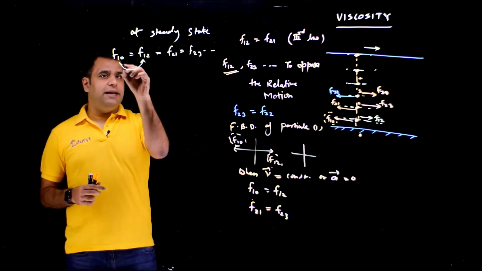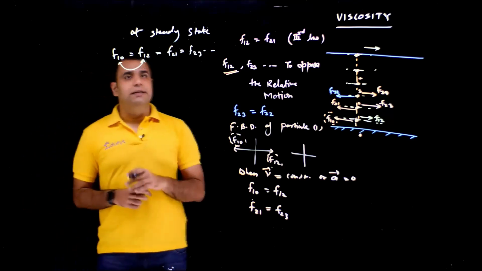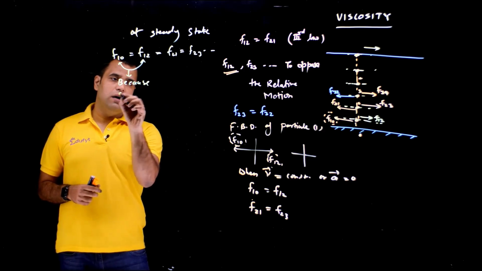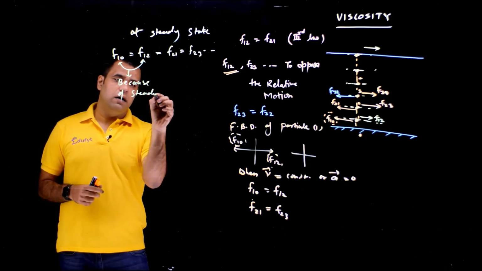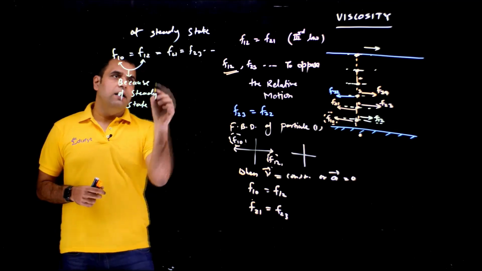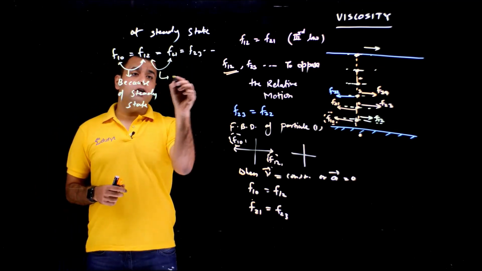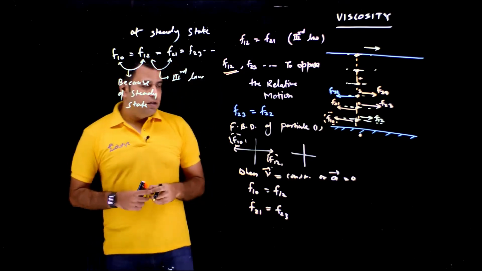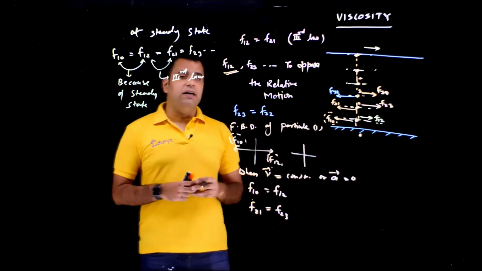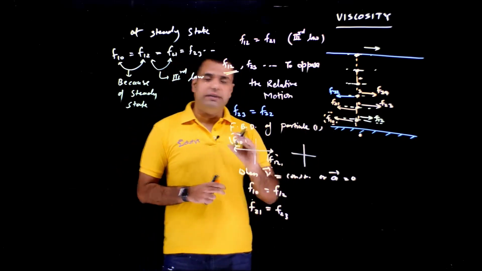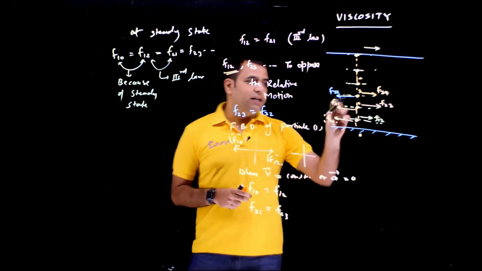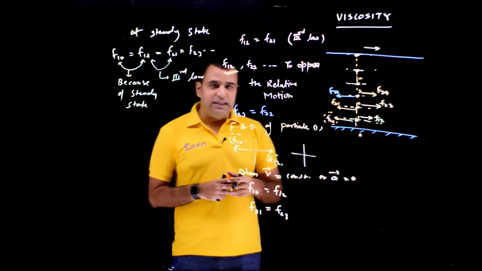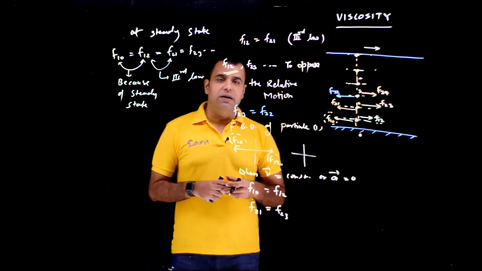These two become the same because of the steady state, and these two were always the same because of the third law. So in the end, you will see each and every particle will attain a constant velocity. That velocity will not be the same because each particle was moving with a different velocity.